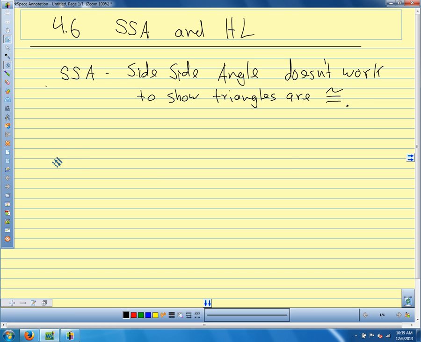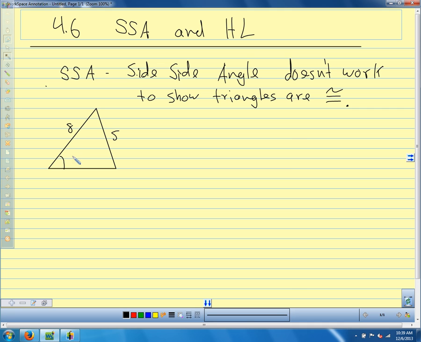So I'm going to draw a triangle, like so. And we're going to say that this side is 8 and this side is 5, and we know this angle. So we have a side-side angle triangle.